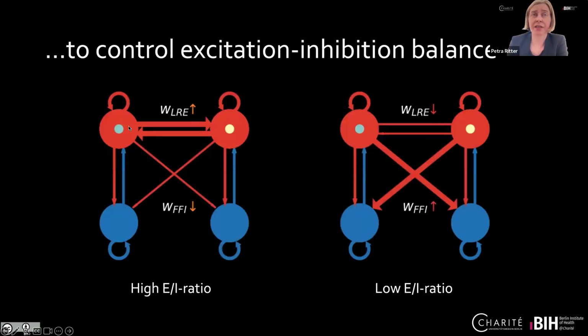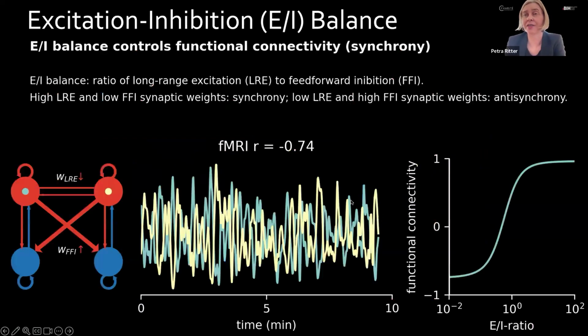For example, here we have a strong long-range excitation and a relatively weak feed-forward inhibition. And here we have the contrary: a weak long-range excitation and a relatively strong feed-forward inhibition. So this would be a low excitation-inhibition ratio, and this would be a high excitation-inhibition ratio.